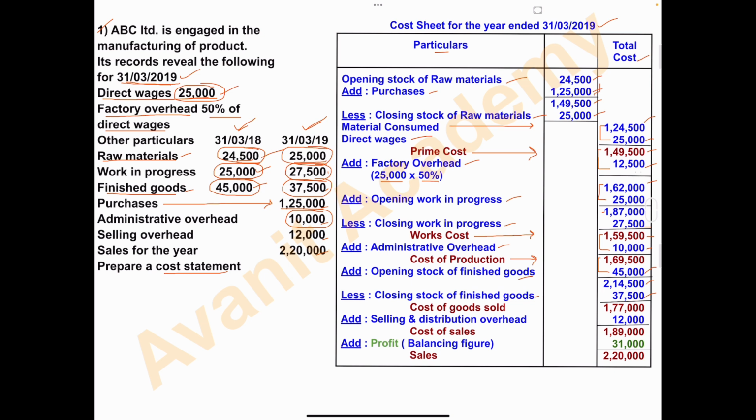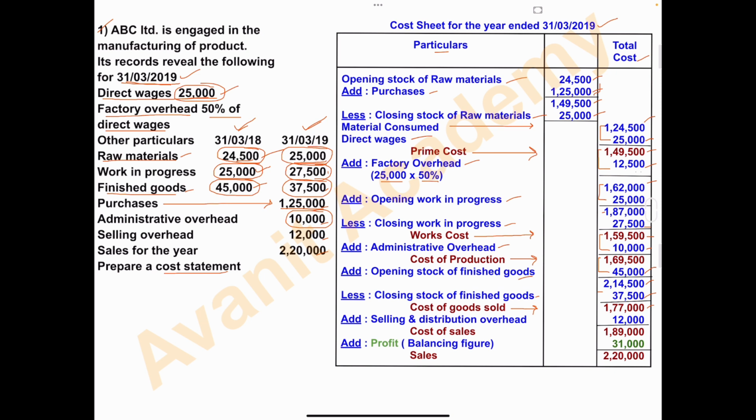From 2,14,500 minus 37,500, and you will get 1,77,000. This is called cost of goods sold. Cost of goods sold is 1,77,000.